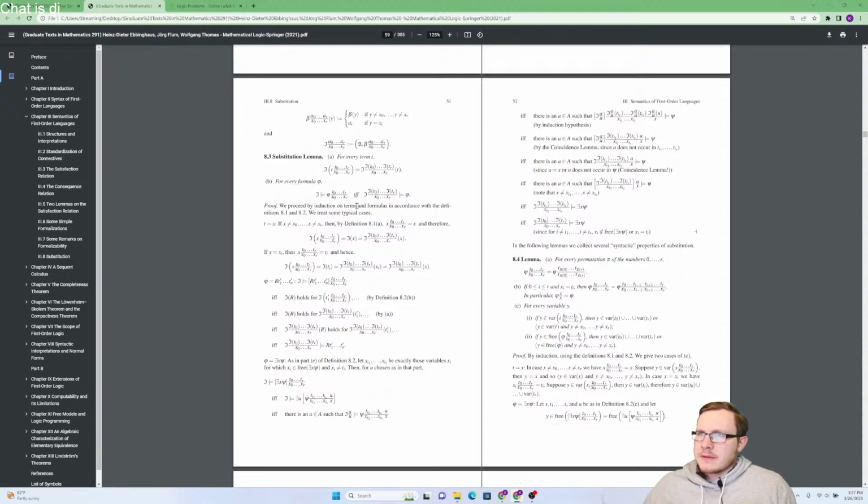If and only if your model, where you replace x with t naught and x with t naught, still satisfies the model.